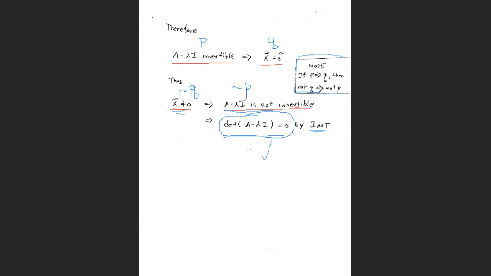In section 5.2, you're going to be using this all the time: solving the characteristic equation, determinant of A minus lambda I equals 0, to find eigenvalues. I wanted you to know why you're doing that, why it's true, why you can find the eigenvalues by solving that equation.